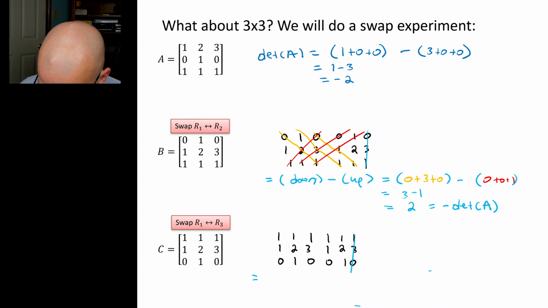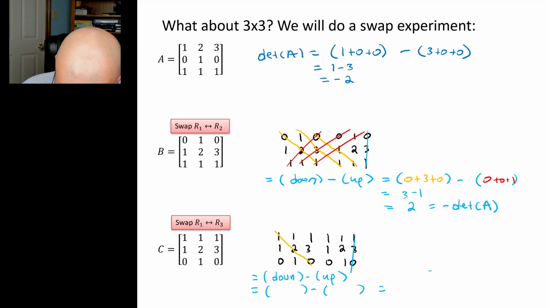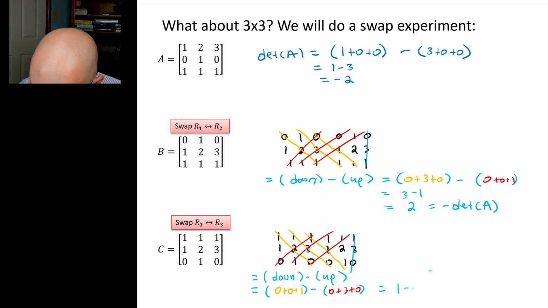And we're going to get down minus up, which is, so the first down product is 0, second down product is 0, third down product is 1, minus the up products, 0, 3, 0. So we get 1 minus 3.